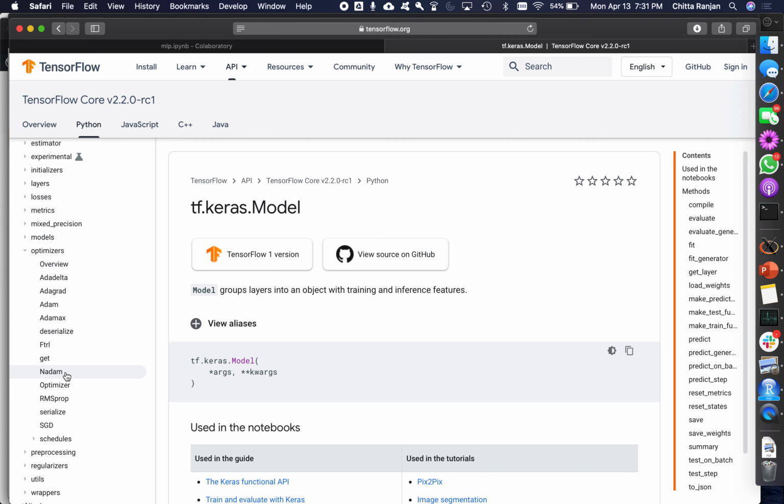Now, not all of them are applicable on all models. Some of them are generic. For example, Adam is one of them. SGD is also quite generic. But among all these choices, my preference and recommendation is Adam, because Adam is relatively insensitive to its hyperparameters.